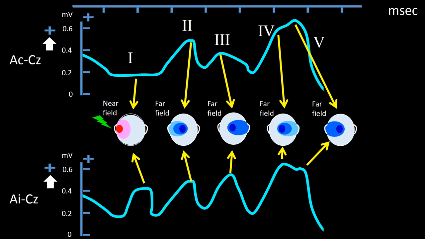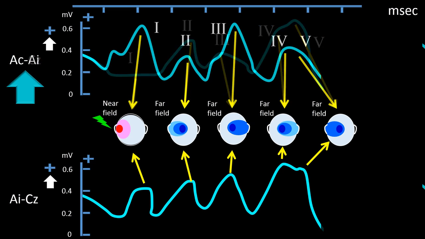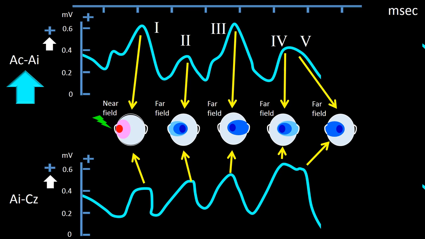Notice that the AC-CC derivation shows no wave 1. In this new frame, the top derivation has been changed. It now consists of AC to AI.